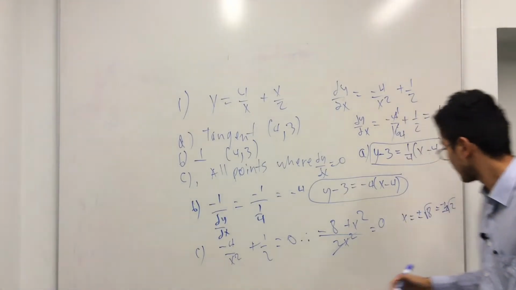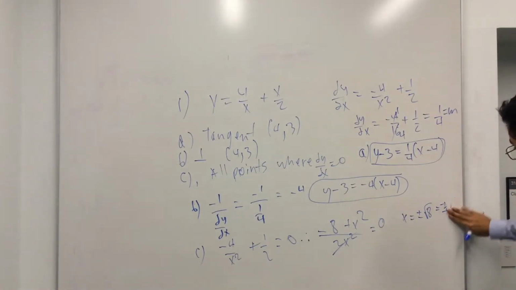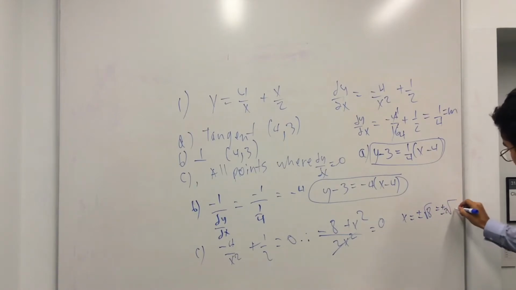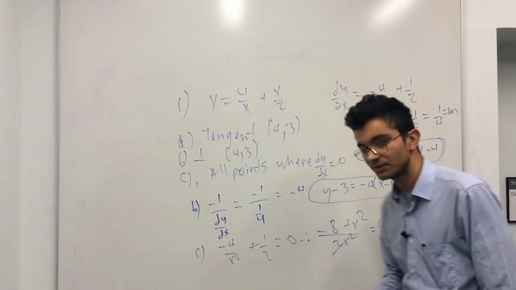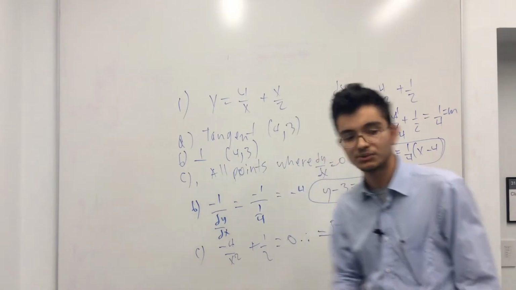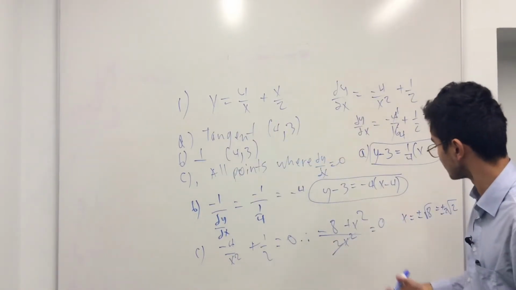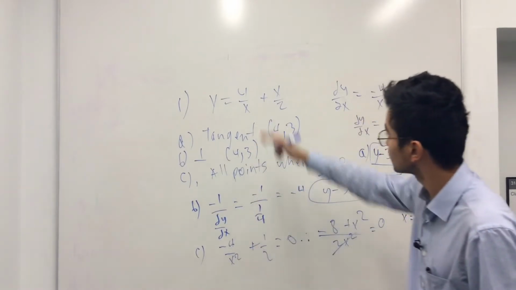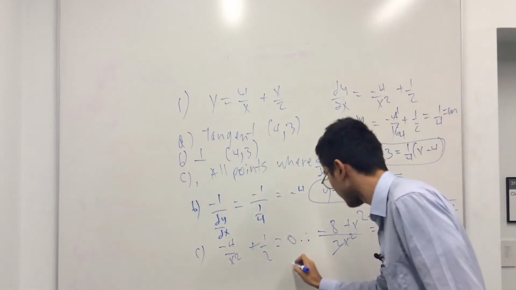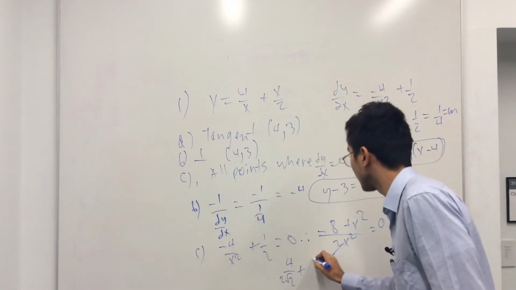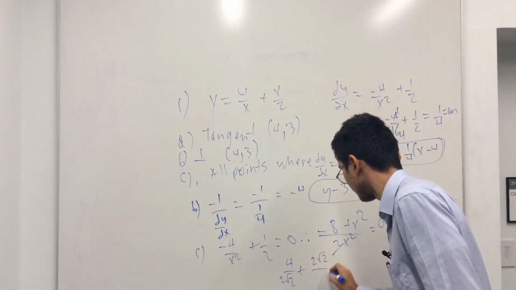So with plus or minus 2 root 2, we have 2 possible points where the derivative is equal to 0. We plug it back into the original function to find the y values. Let's plug in 2 root 2: 4 over 2 root 2 plus 2 root 2 over 2.